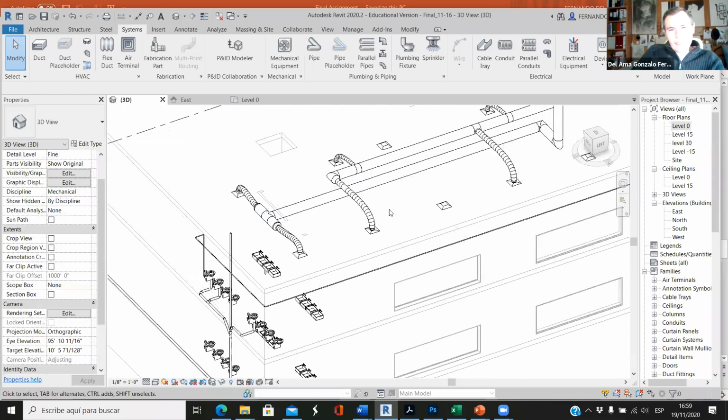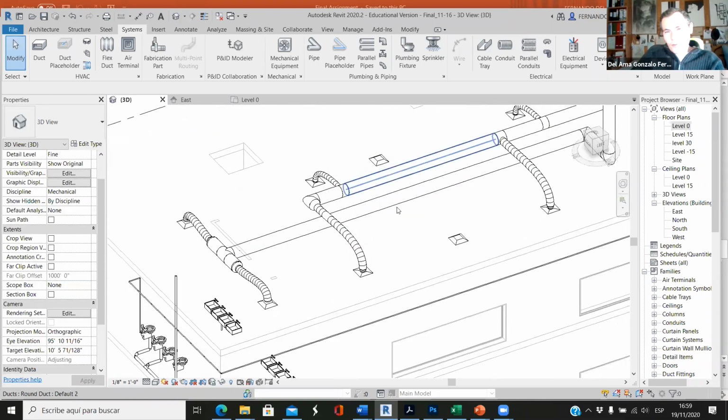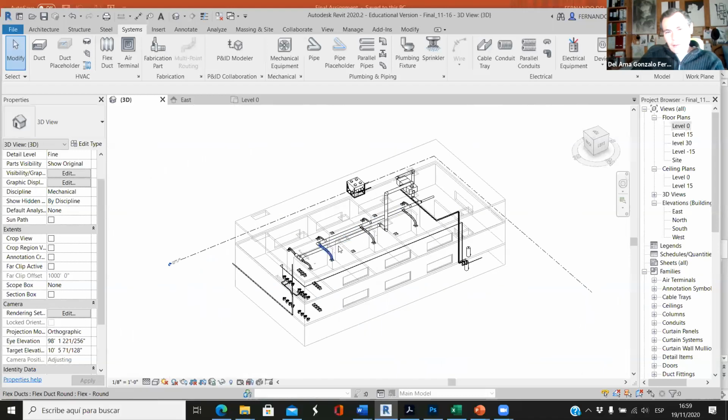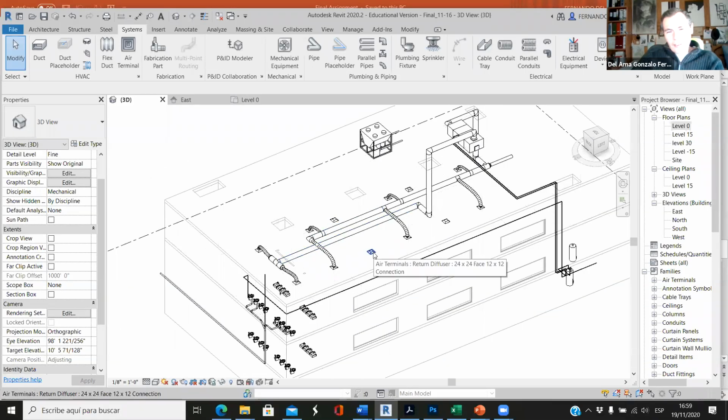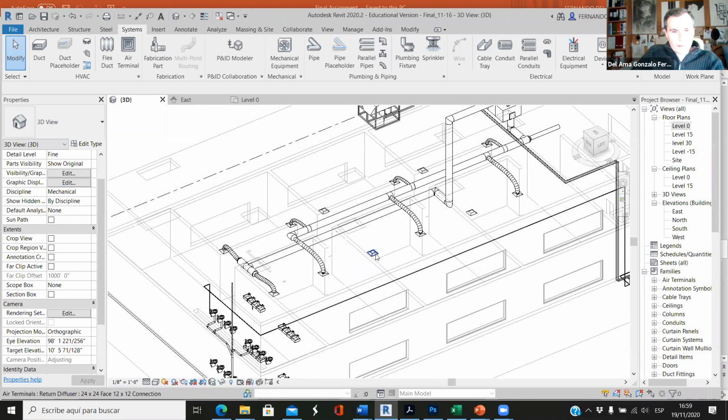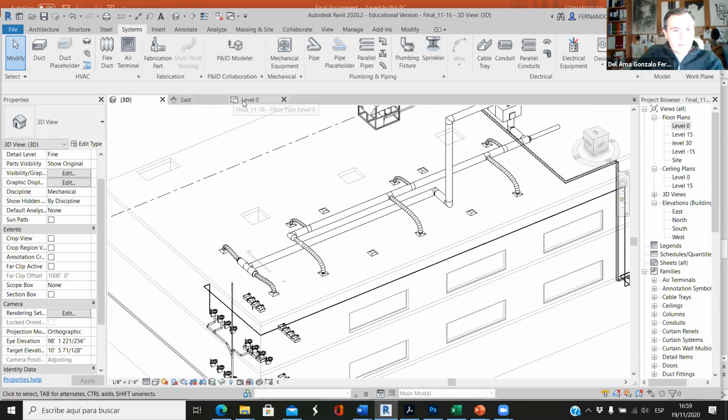And here we don't have any conflicts, but now I want to connect this and that. So how can I do it?